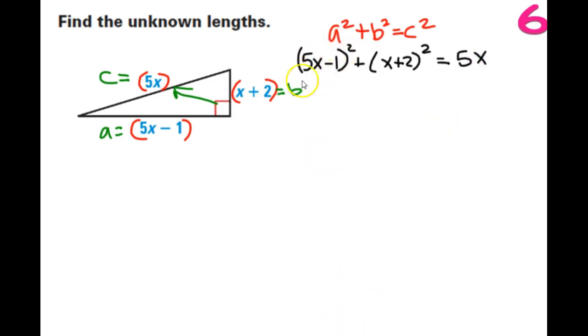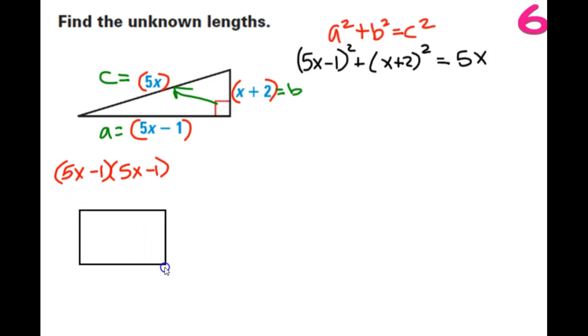So now a is really this whole thing squared. So we have really 5x minus 1 squared, or 2 times 5x minus 1. So we need to multiply that out. So I'm going to use a box to help me multiply. Don't worry, we're not doing any diamonds. We're just multiplying right now. So I have 5x minus 1 times 5x minus 1.